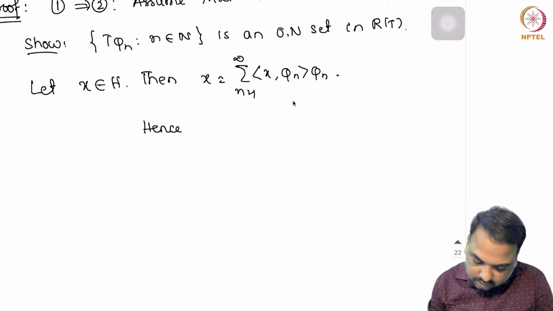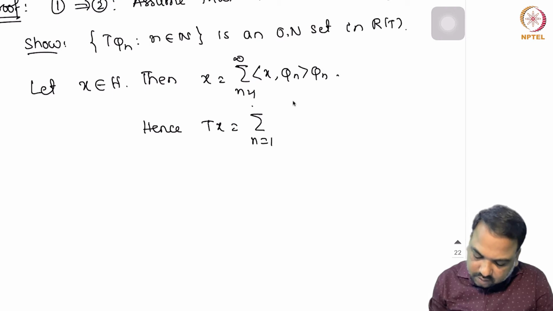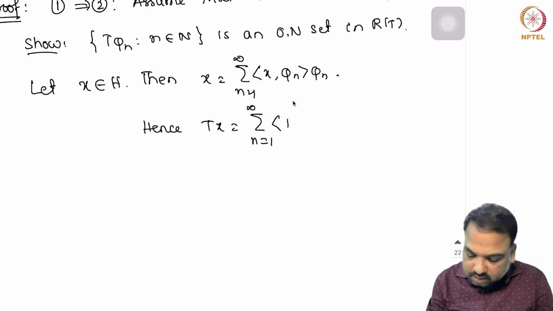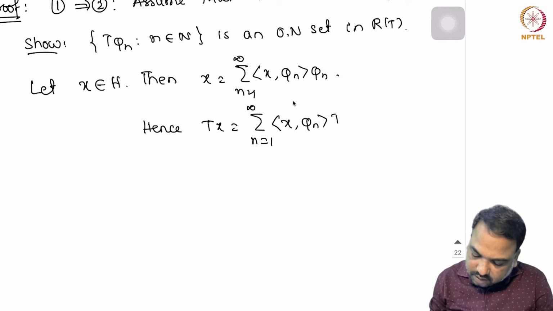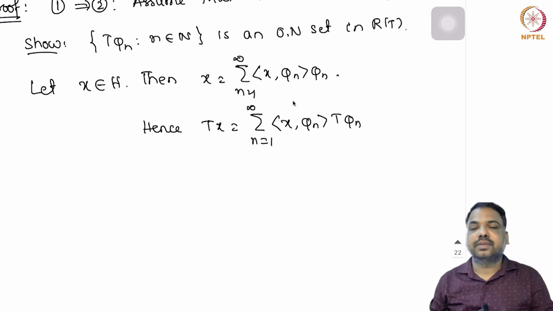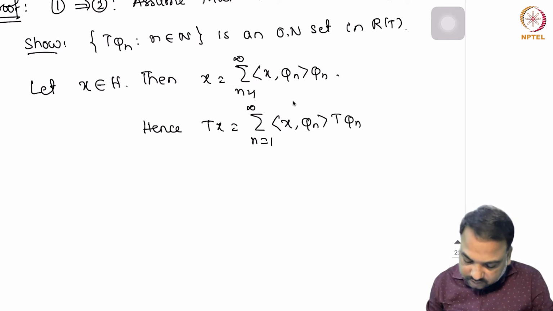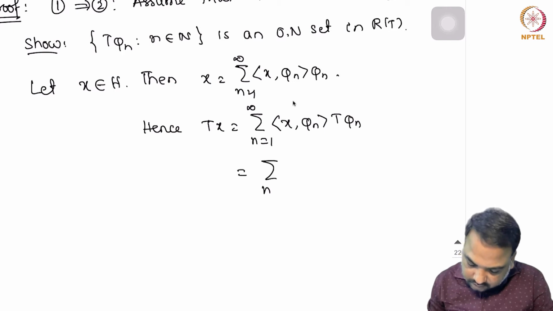Hence T of x is the summation n equal to 1 to infinity of the inner product of x with phi n, multiplied by T of phi n. Now since T is an isometry, the inner product of x with phi n is nothing but the inner product of Tx with T phi n.